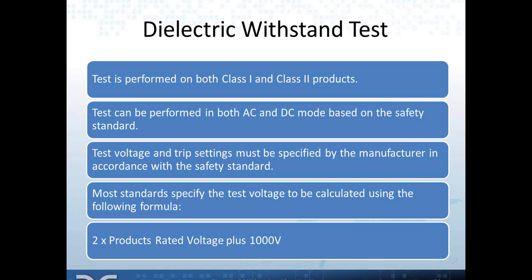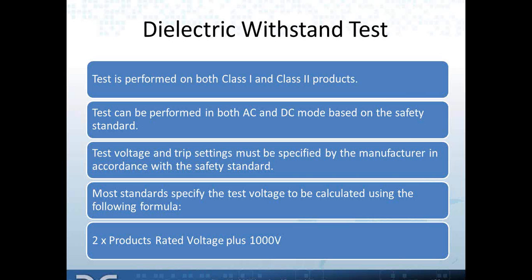The test voltage and the trip settings must be specified by the manufacturer in accordance with the safety standard they're trying to comply with. Most safety standards specify the test voltage to be calculated using the following formula, which is 2 times the product's rated voltage plus 1,000 volts.